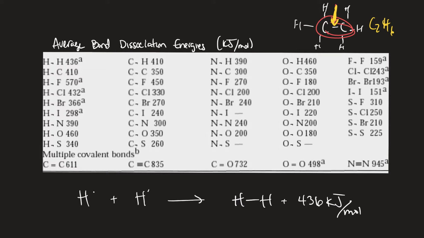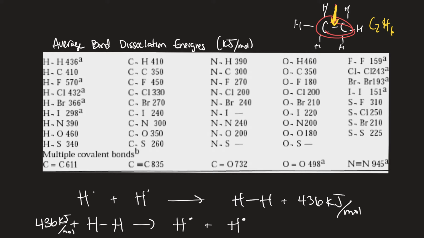Versus the opposite direction, where you have this bond and you break the bond between these two hydrogens, and these dots just represent the one valence electrons. Here we require 436 kilojoules per mole of energy. Since it's an input, we put it as a reactant because we need this energy for the reaction to take place.